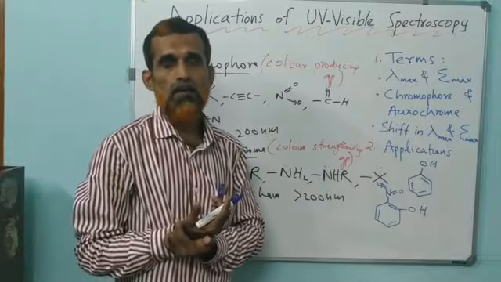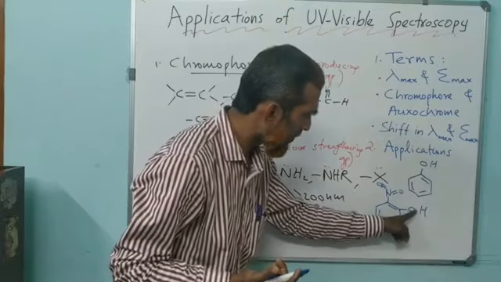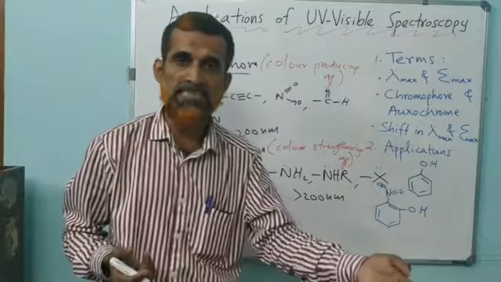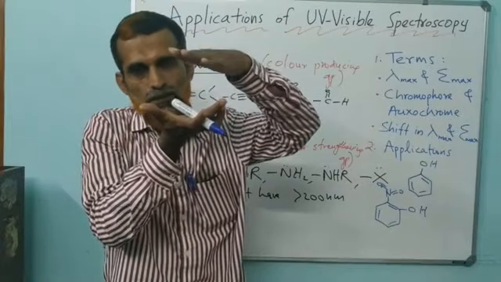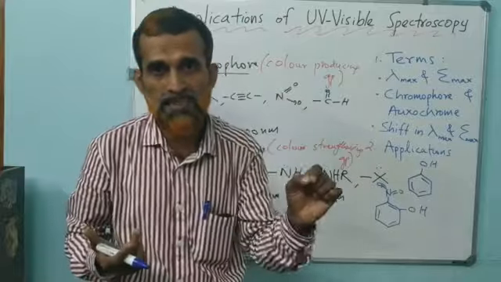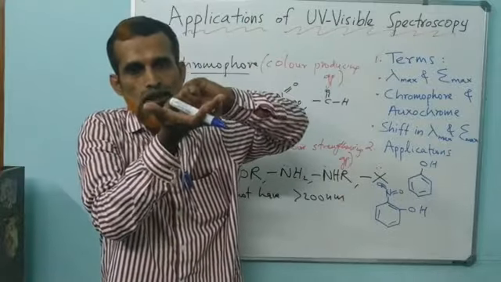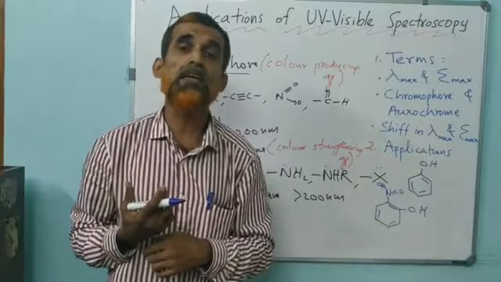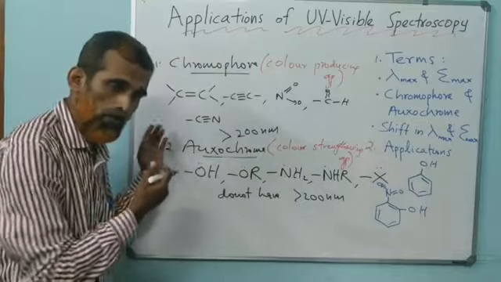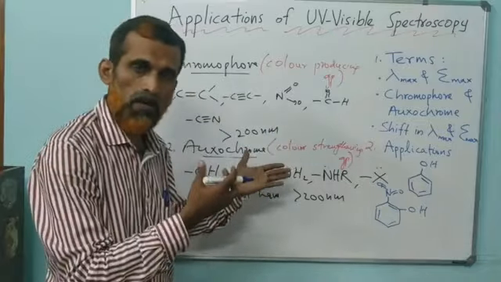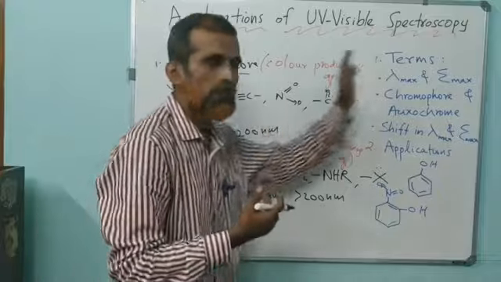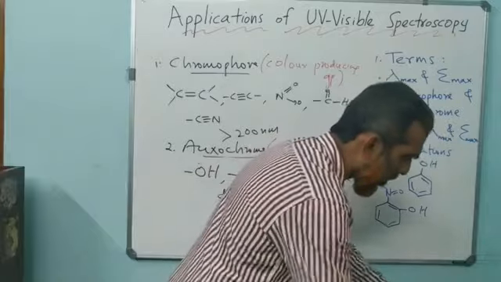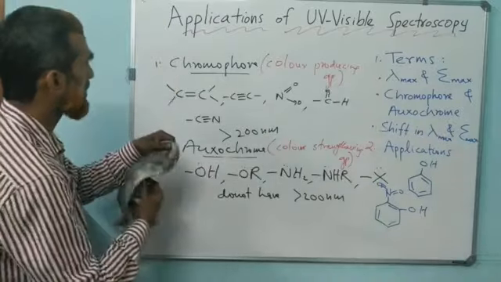Because whenever an auxochrome comes, there will be more conjugation due to the lone pair. Whenever conjugation increases, energy gap between the lower level and higher level or HOMO-LUMO gap will decrease. When energy decreases, wavelength will increase. So the absorption moves from UV to visible, and in visible from violet towards the red side. So the color intensity will increase due to the presence of auxochrome. So that's about these two terms.